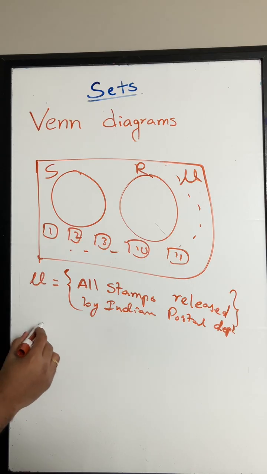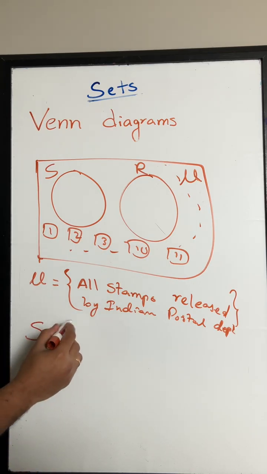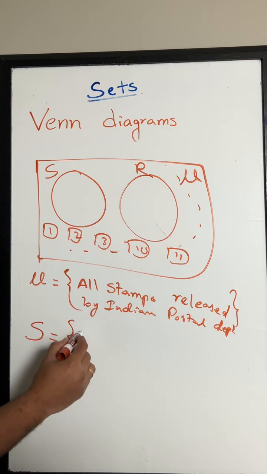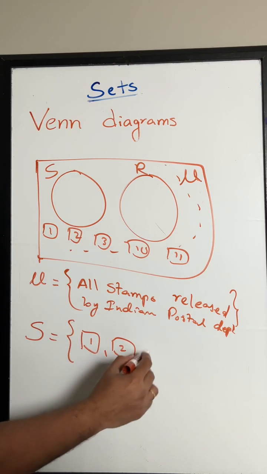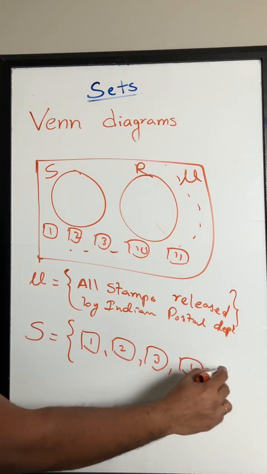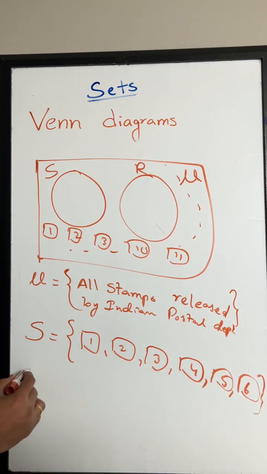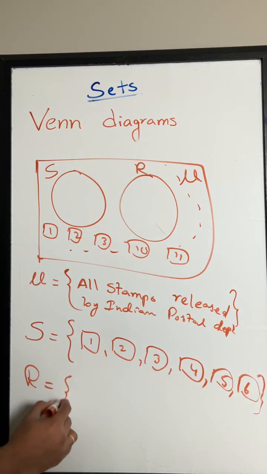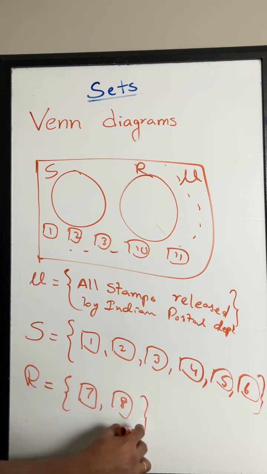And we have a set, right? This is my collection. What is my collection? My collection has 1, 2, 3, 4, 5, 6. And Ranga's collection is 7 and 8.